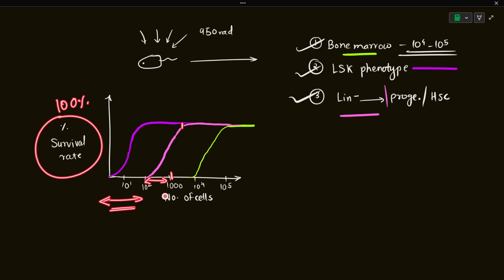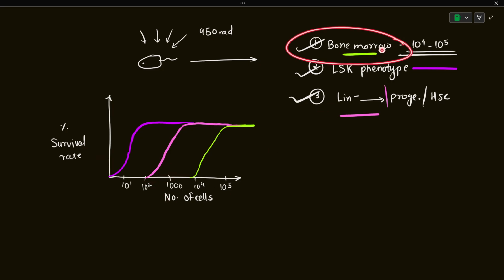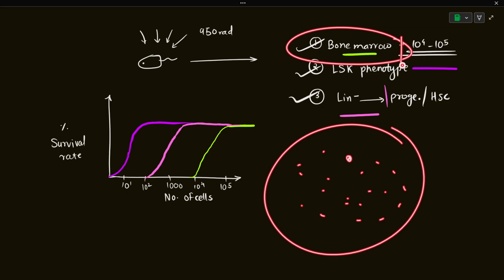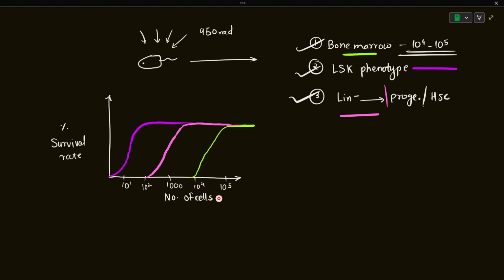But with bone marrow cells, which are mostly fully mature cells, we need a lot of cells. In a lot of cells, there is a chance of finding one hematopoietic stem cell. That is why 10 raised to 4 to 10 raised to 5 cells need to be introduced in the mouse to ensure its survival.